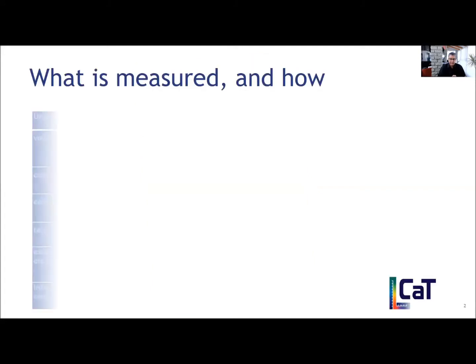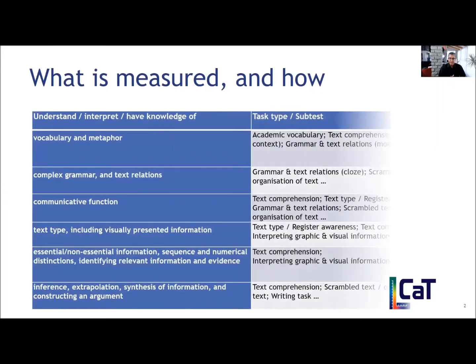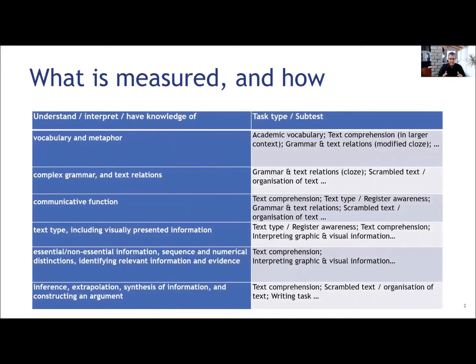But what really stands out is that we found in this intense interest that we have new ways of doing things. So we are measuring academic literacy by looking at the various components of academic literacy and devising new kinds of task types or subtests through which you can measure these.